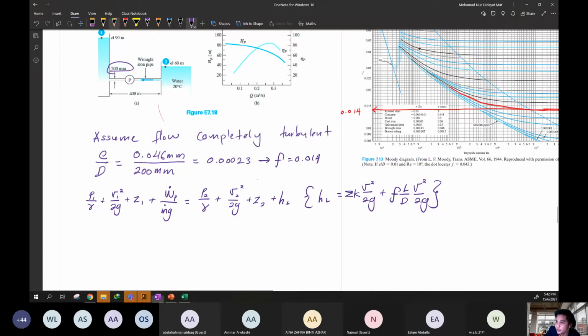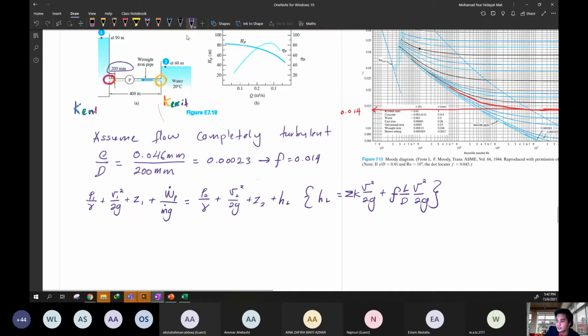Entrance, okay, at the entrance we have the loss, we call it K entrance. At the exit we have the loss, K exit. Basically it is only 2. Alright, K entrance and K exit, because we have sudden change of cross-sectional area.